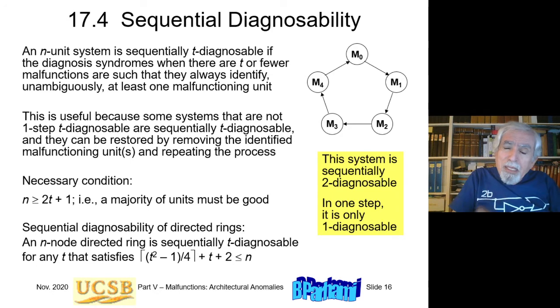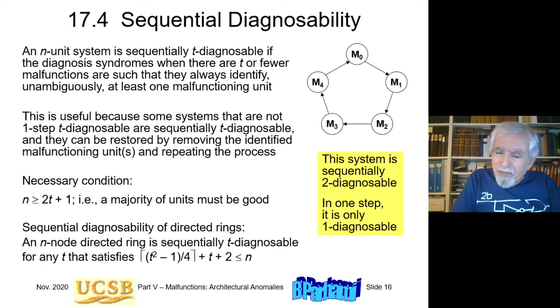What does that mean? It means that if you have up to 2 malfunctioning units, you are able to identify one of them, and then you basically remove that. Let's say M1 and M3 are malfunctioning. You are able to identify M1. You remove M1, replace it with a good module, and then now you have only one malfunctioning unit.